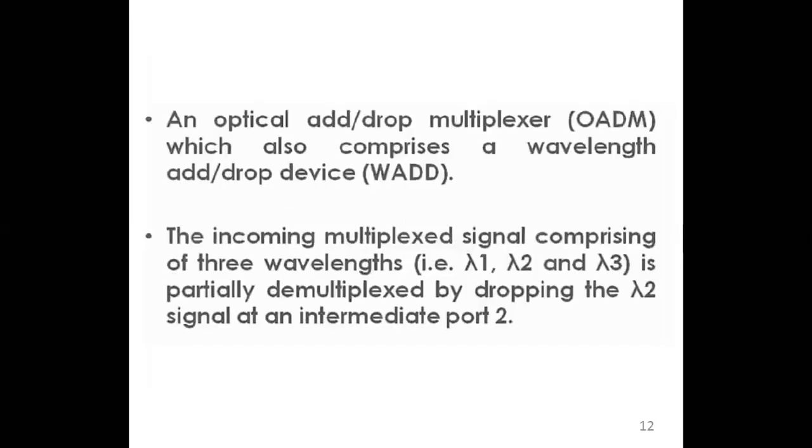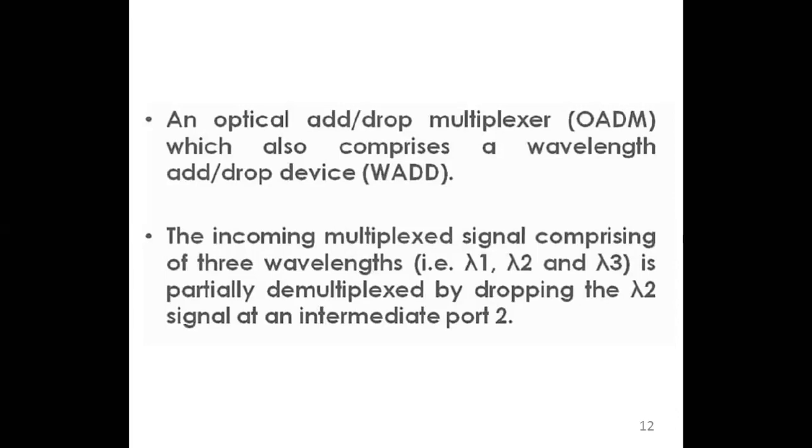So the OADM, this will be in short. I'm expecting this question in the exam on OADM because it is one of the most important components. So an optical add drop multiplexer, it comprises basically of a wavelength add drop device. In some books it is also written as WADM.